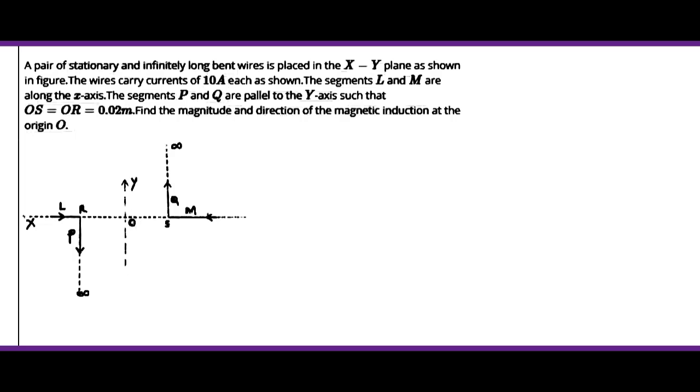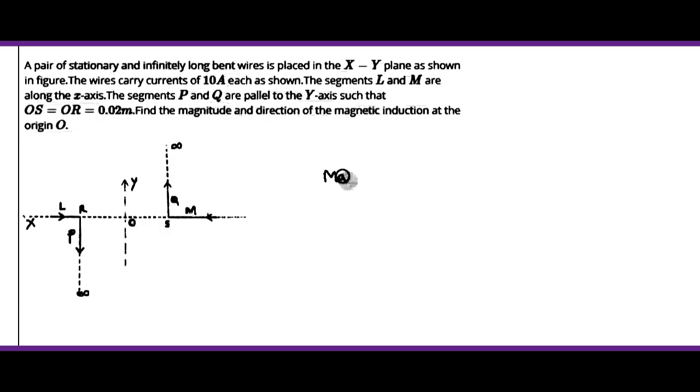Alright, so here we can see in the diagram there are two pairs of bent wire that have been given, that is LP and MQ. So here we can see M and L are lying along the x-axis.